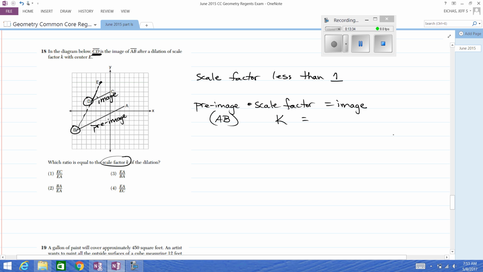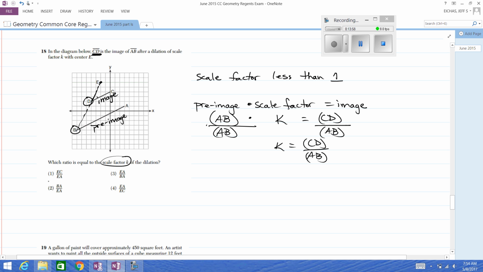Okay. And its corresponding image is CD, the segment. Divide both sides by AB. And one possibility for K is CD over AB. Let's see if that's a choice. CD over AB. Great. Not one of our choices.